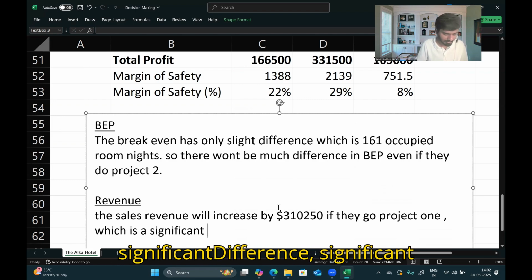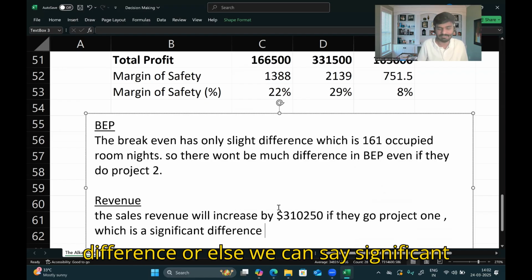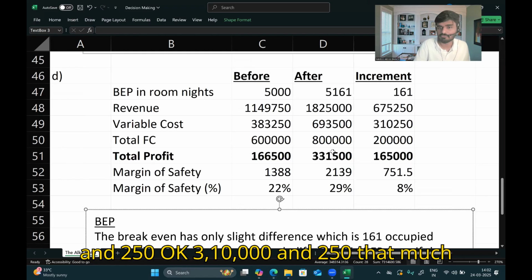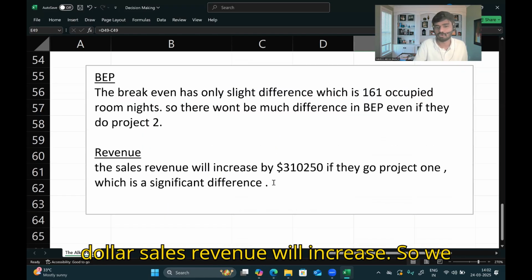This is a significant difference, or else we can say a significant increment. That much dollar sales revenue will increase.